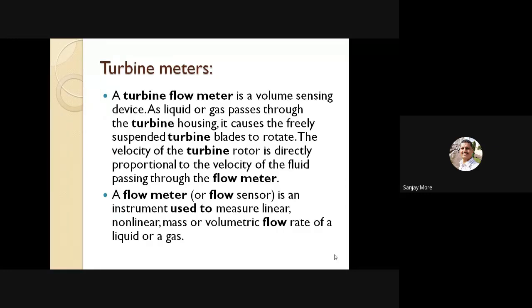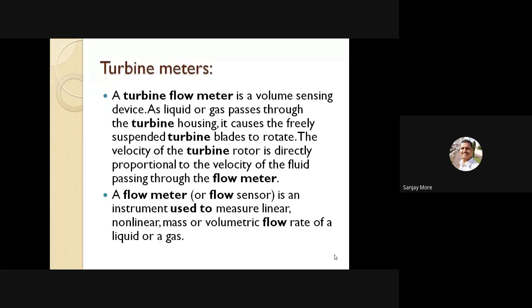Turbine meters or flow meters are used to measure the flow rate of liquid or gas. This is a turbine flow meter, a volume sensing device.